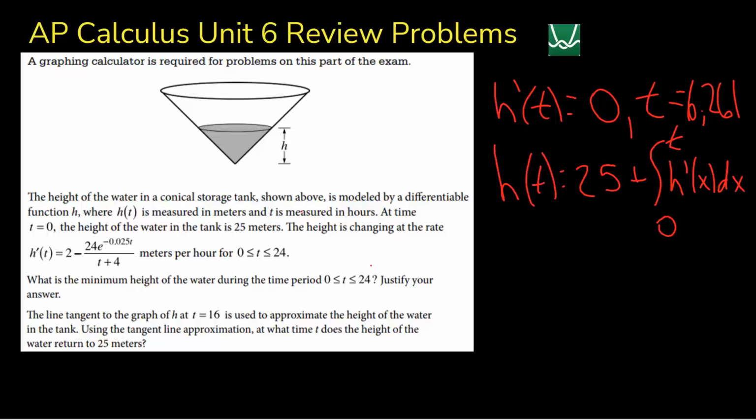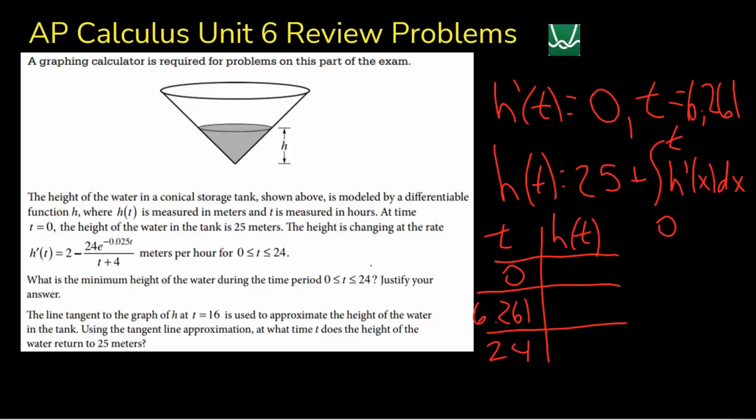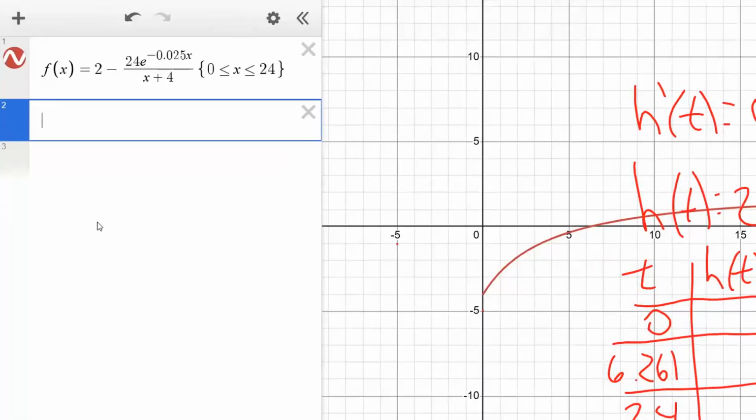I can use this in Desmos to find values of h. What I'm going to do is make a little table of values here, and I'm going to go at 0, 6.261, and 24. Then I'm going to evaluate that definite integral as a function for those three values and then compare.